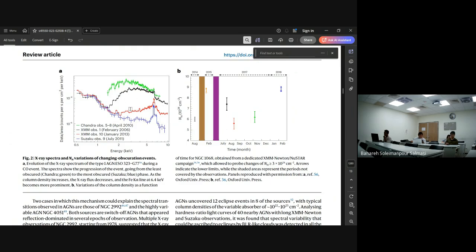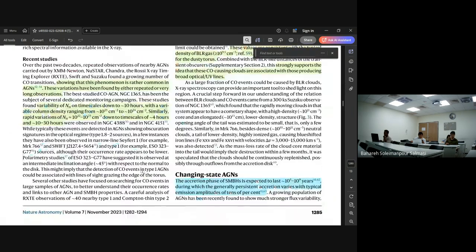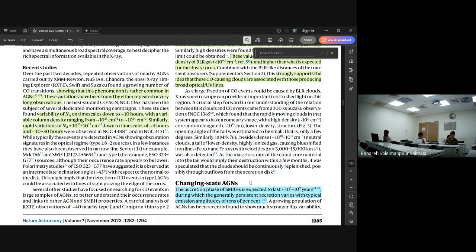Anyways, this paper is basically a recap of what we know so far about these changing or varying AGN. The other type of varying AGN is called changing state AGN, where instead of different clouds coming into and out of our line of sight, the actual physics of the AGN is changing.